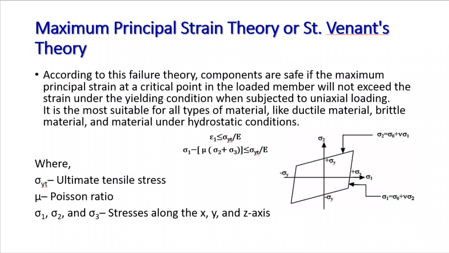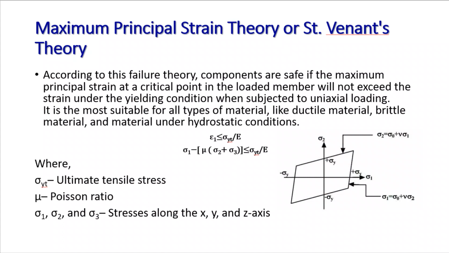So this maximum principal strain theory is most suitable for all materials like ductile, brittle, and material under hydrostatic conditions, that is, conditions which cause the material to distort, with a reduction in volume. And this is the failure criterion plotted for a 2D stress condition.